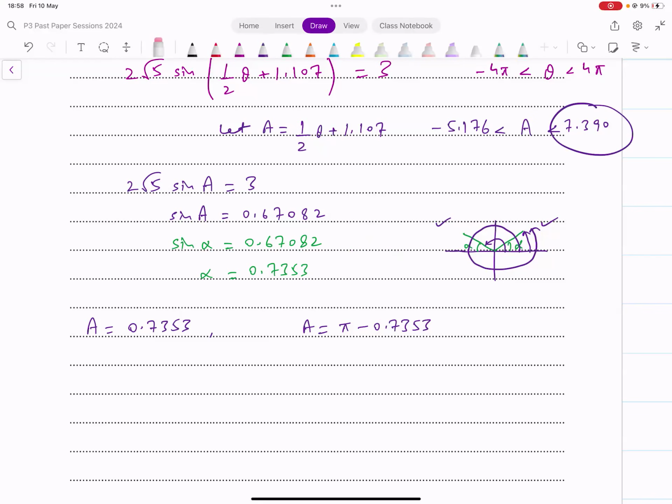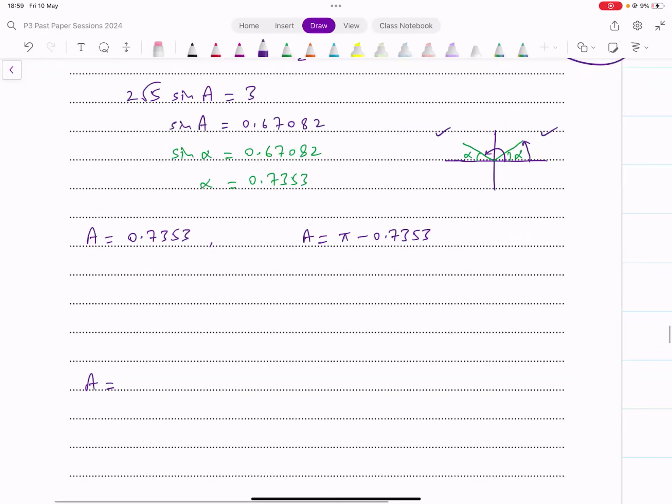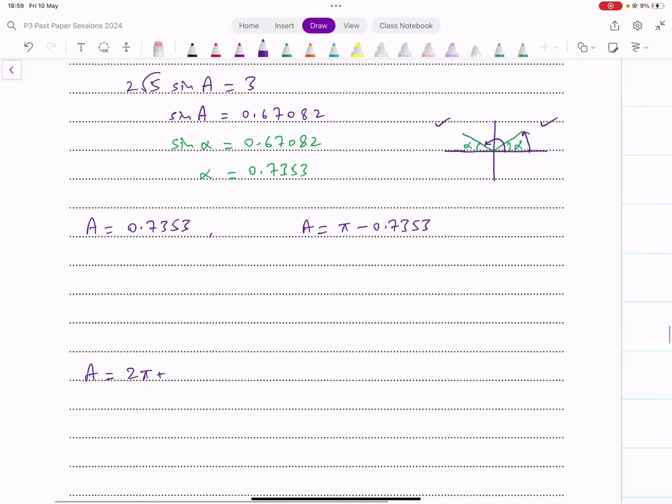So we can also go one full circle and come back there to get another possible value for A. Another possible value of A that I'm getting is 2 pi plus 0.7353. This is also in the interval. This is giving me 7.0185.